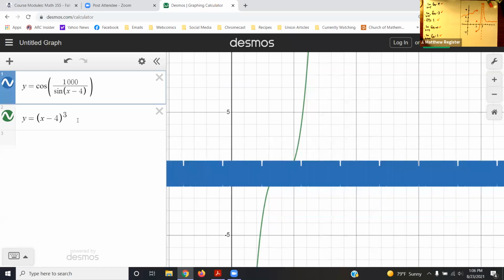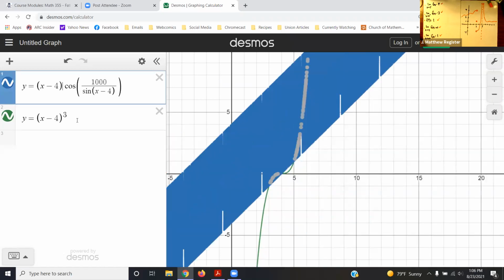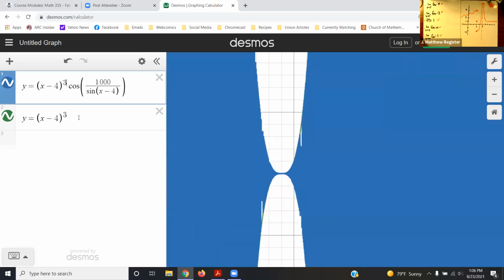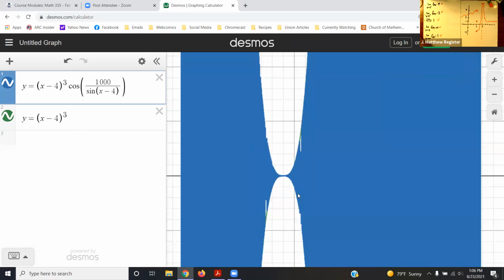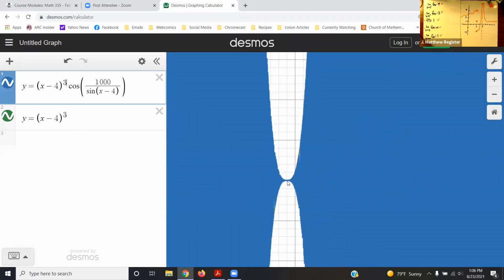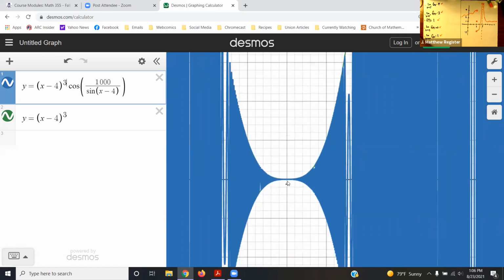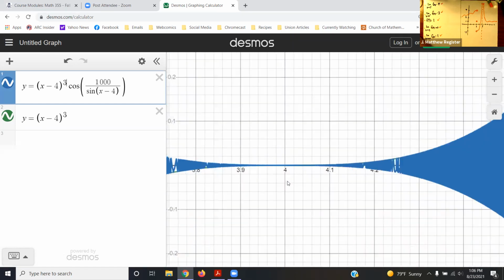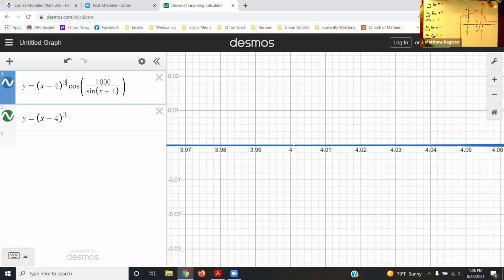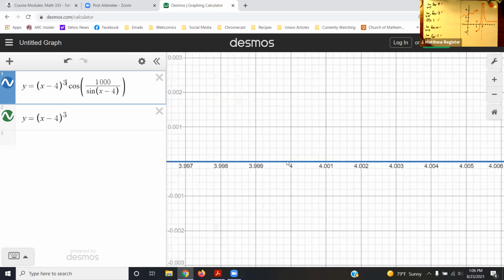If we throw that in here, we get a graph like this, which is hell on wheels just about everywhere on this graph, except as you come to 4. When you come to 4, this thing goes to 0. Note it says at 4 it's undefined, but everywhere nearby it is going to be 0, or very, very, very close to 0.